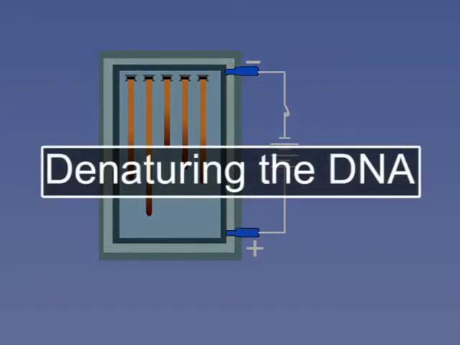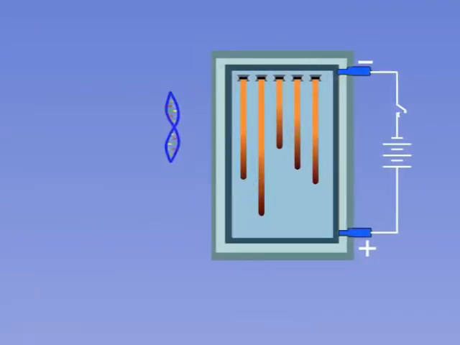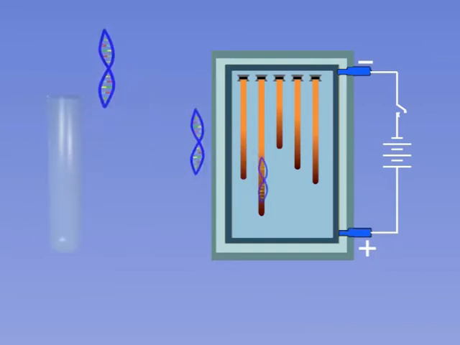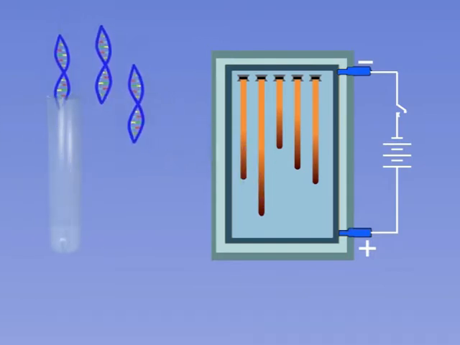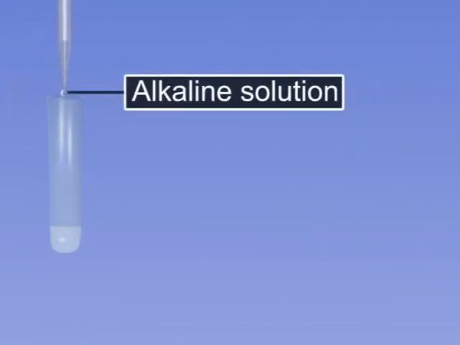The next step is denaturing the DNA so that the entire DNA is converted into single strands. This can be done either by heating or chemically treating the DNA with a highly alkaline solution.